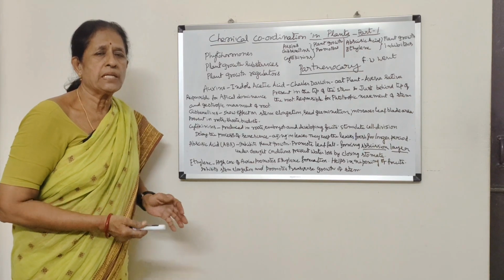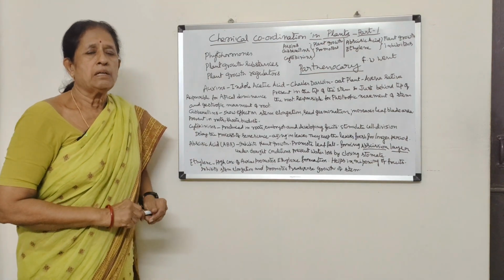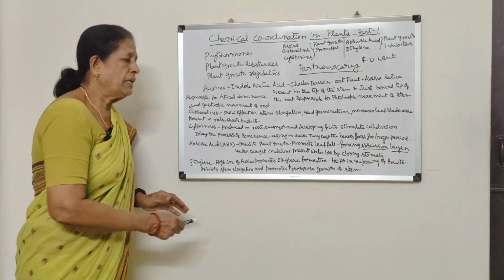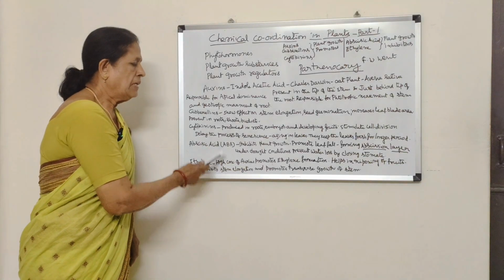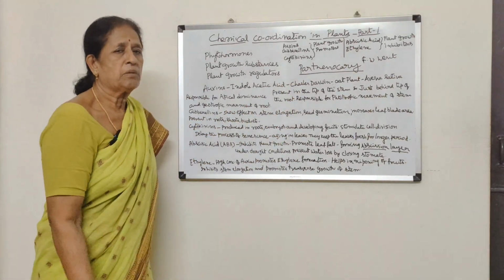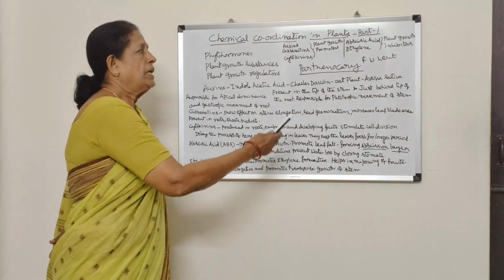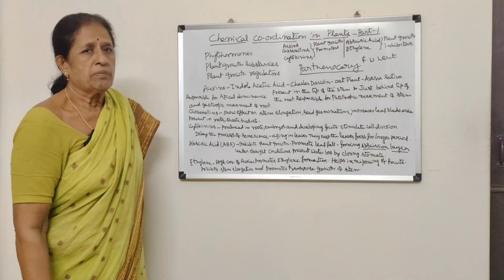That means the stem thickens under the influence of ethylene. And ethylene also helps in ripening of fruits. So in this way, abscisic acid and ethylene inhibit the growth of the plant, whereas auxins, gibberellins, and cytokinins promote the growth of the plant.